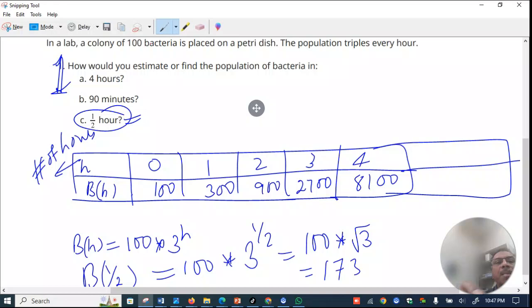If this is 900 here, maybe this is 1,000. So the question is, what is this piece? The number of hours will be between 2 and 3, so the h that we need is between 2 and 3.